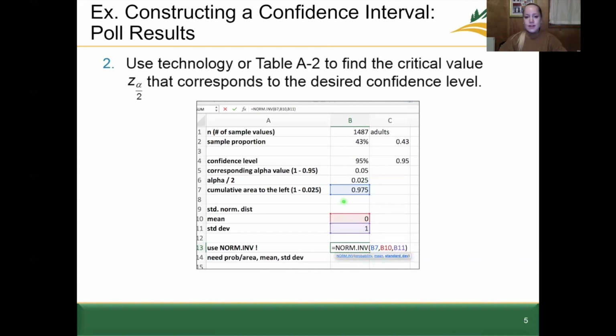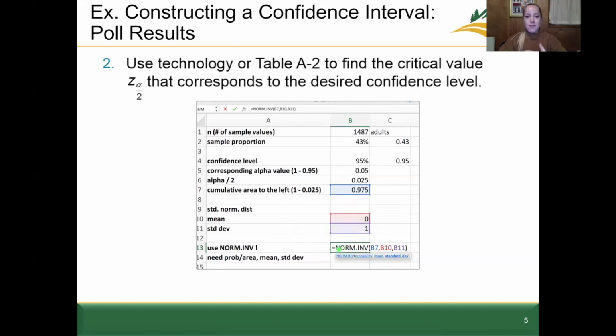We haven't used this normal inverse function in a little bit, so in order to use this, we need our probability slash area value, the mean, and the standard deviation value. We know the mean and we know the standard deviation value because we're dealing with a standard normal distribution here. So for cases like that, we know the mean is 0, we know the standard deviation is exactly equal to 1.